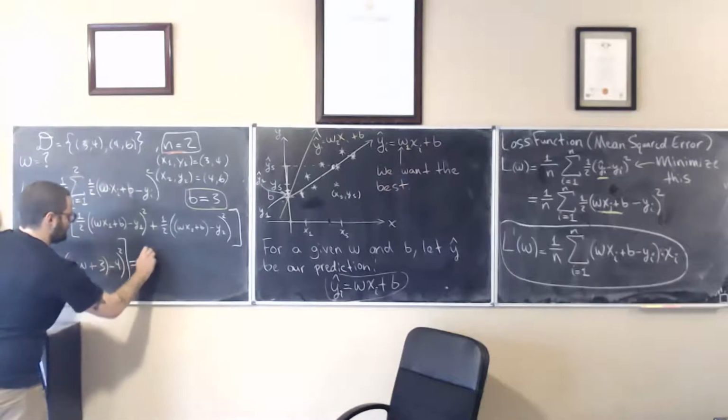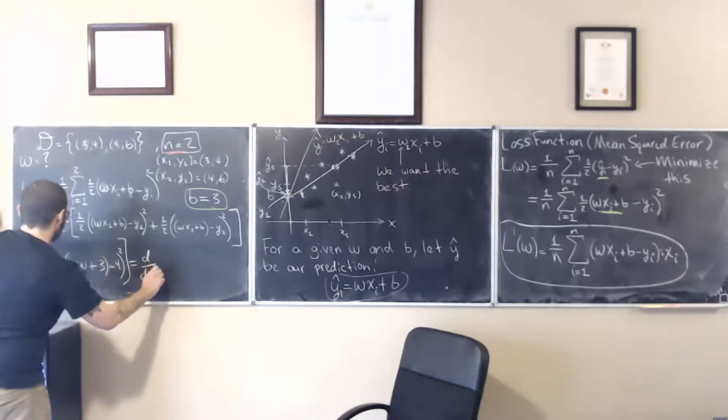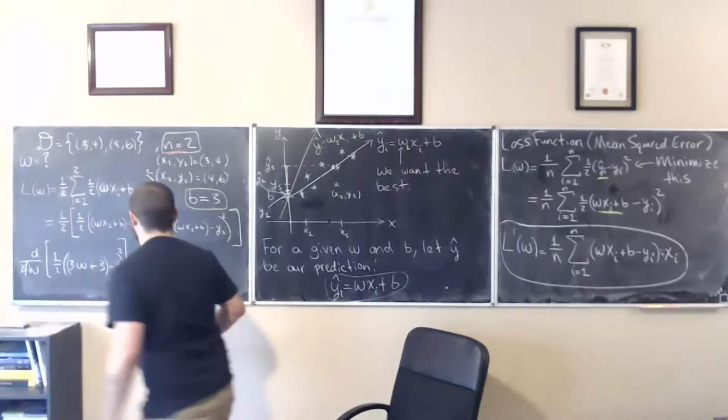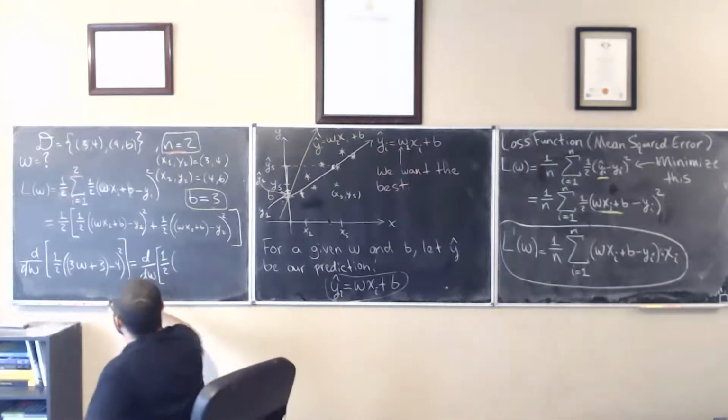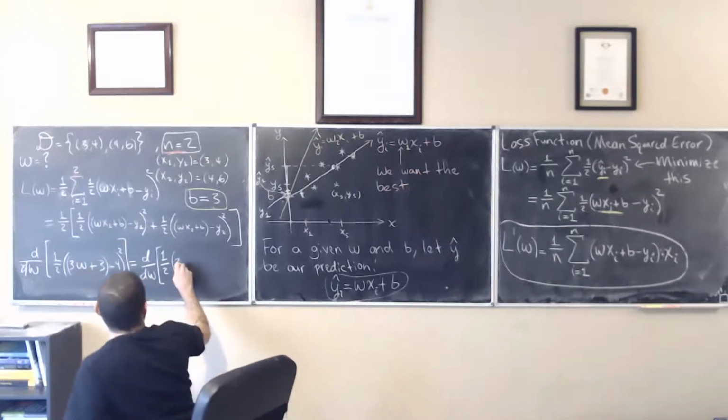So this is the same thing as taking the derivative with respect to w of 1/2 times 3w plus 3 minus 4, all squared.